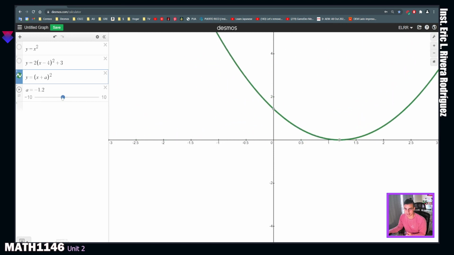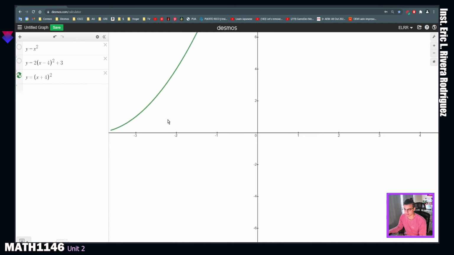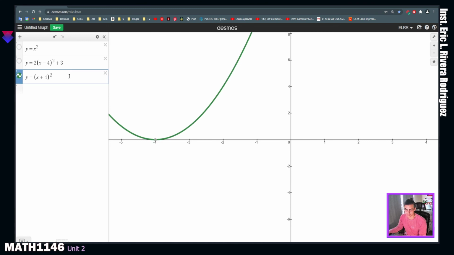One more time, and let me give you two concrete examples. +4, the green one is when we add +4, see that it goes to -4.